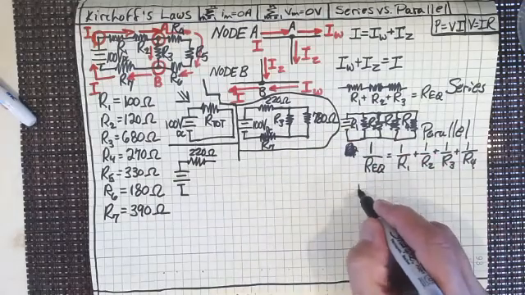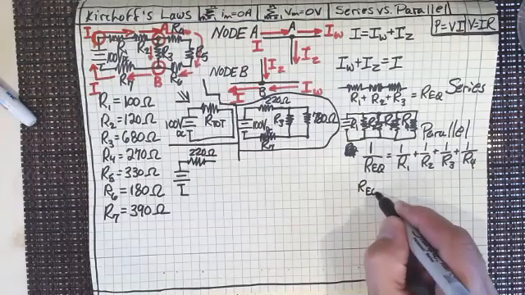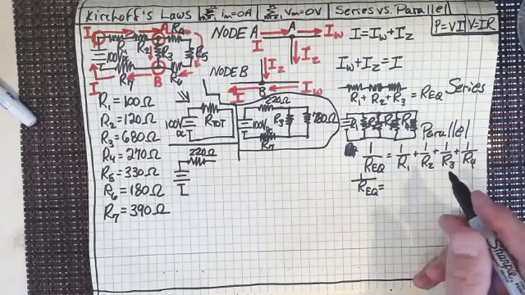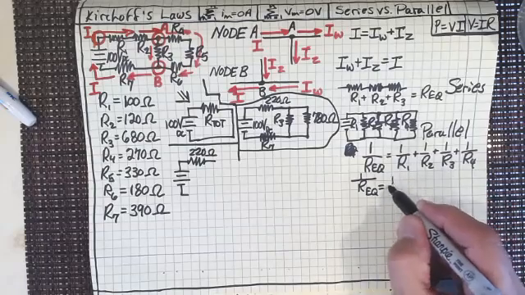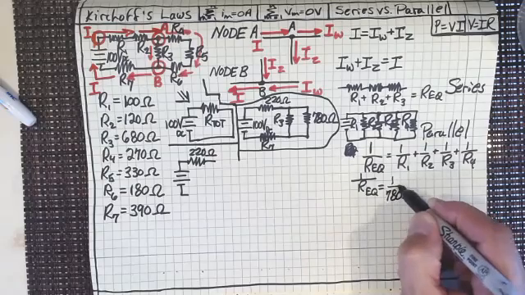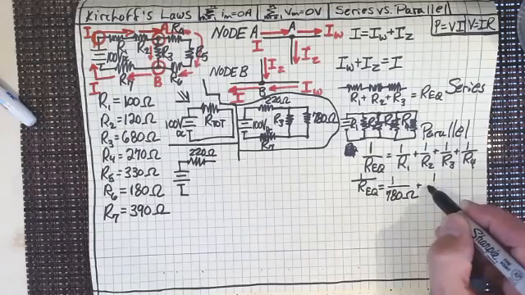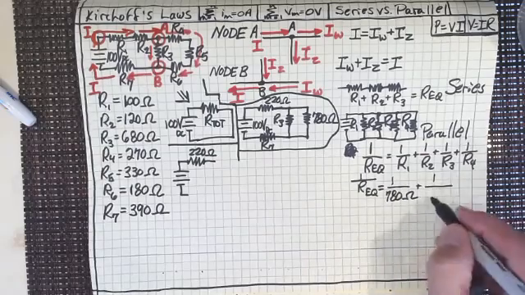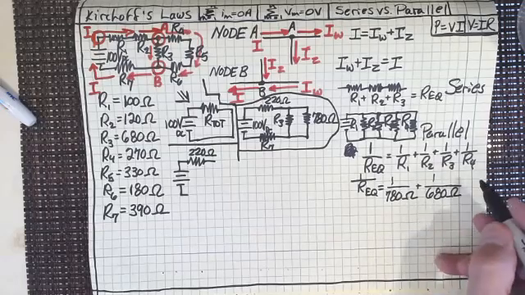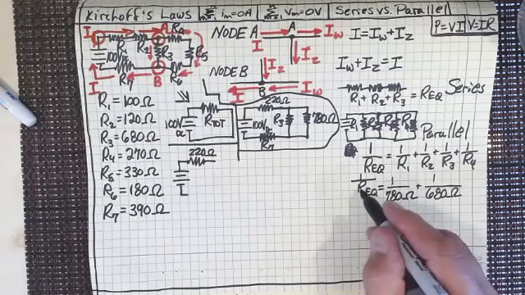So 1 over the equivalent resistance is going to be 1 over 780 ohms plus 1 over R3, which is 680 ohms, right? Now, of course, that's just 1 over R equivalent.